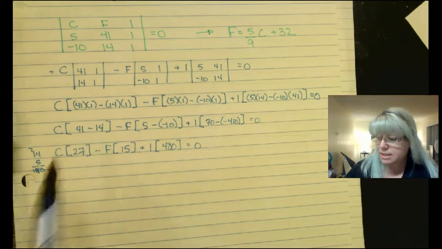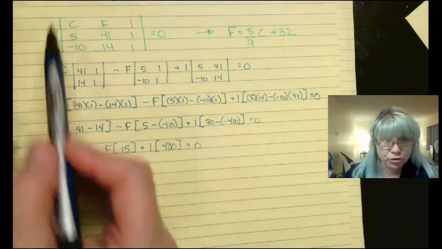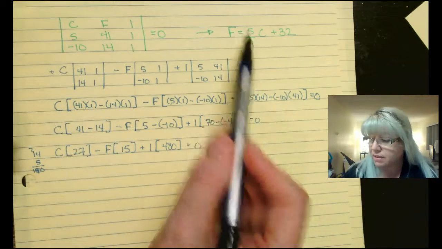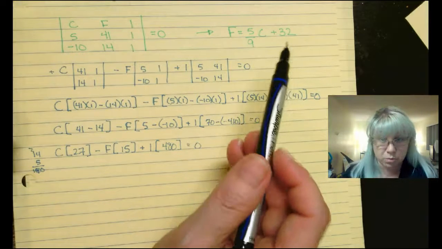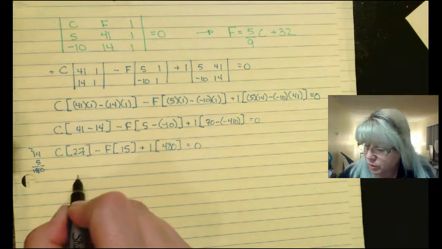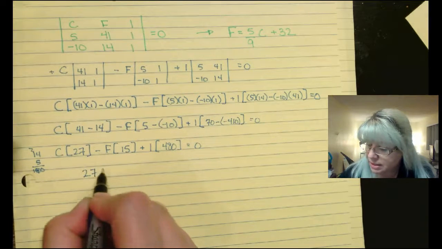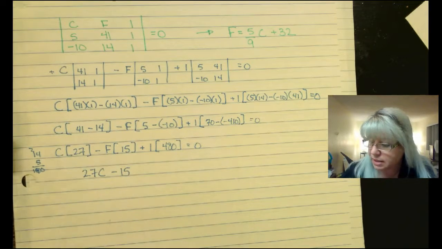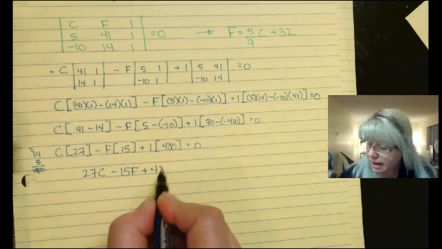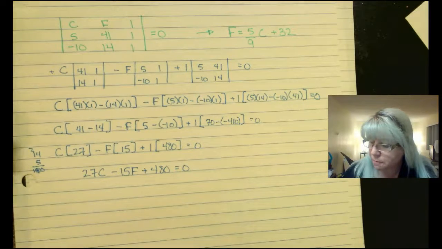Our goal is to see if our observed information will land us with F equals 5/9 C plus 32. Keep our goal in mind. All right, I'm going to rewrite this to where it's 27C minus 15F plus 480 equals 0.